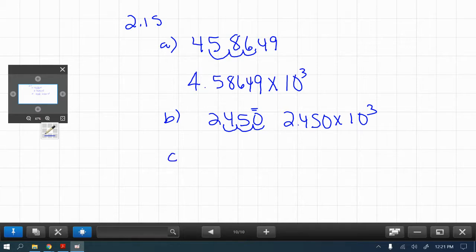Now on C, I saw a lot of them take the square root when it's actually square. That means we're going to square that, so we're going to multiply it by itself.